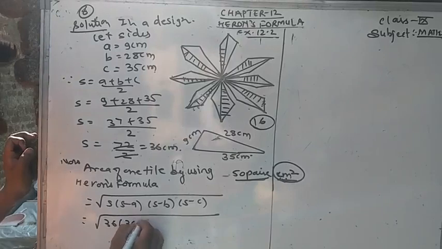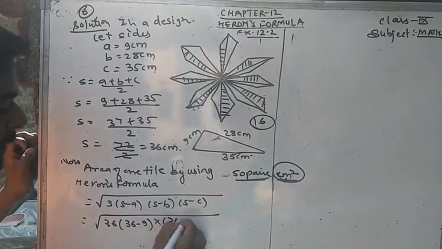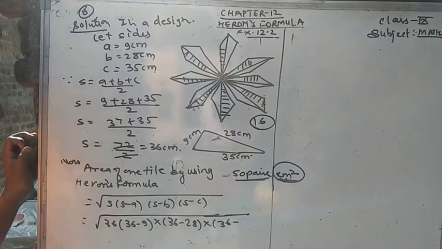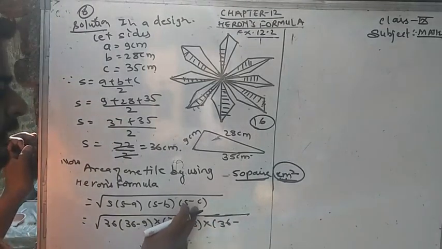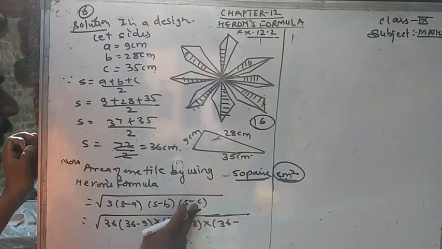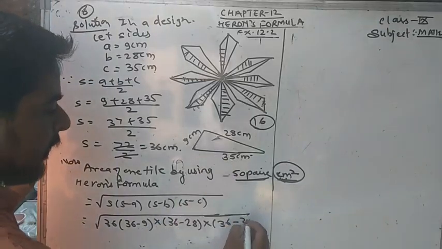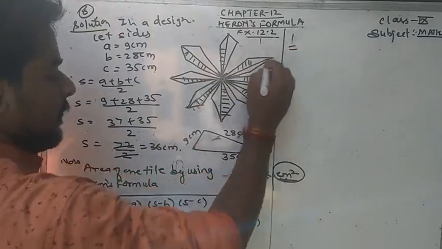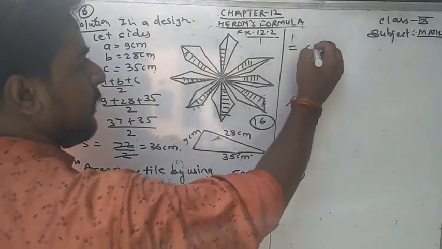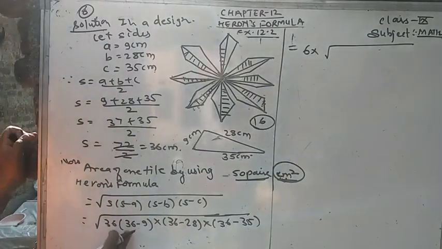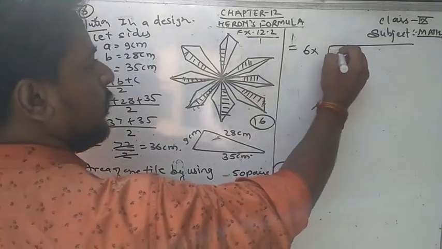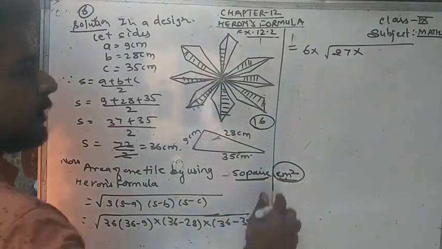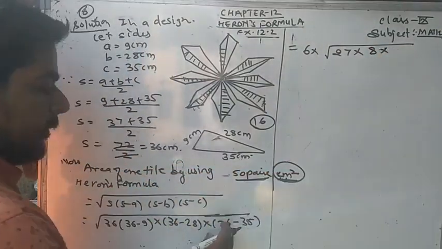So 36 minus 9, multiplied by 36 minus 28, multiplied by 36 minus c. What is c? 35. So it will be the square root of 36, multiplied by 36 minus 9, that is 27, multiplied by 36 minus 28, that is 8, and multiplied by 1.